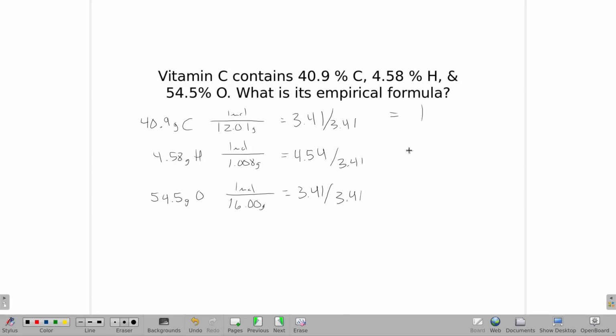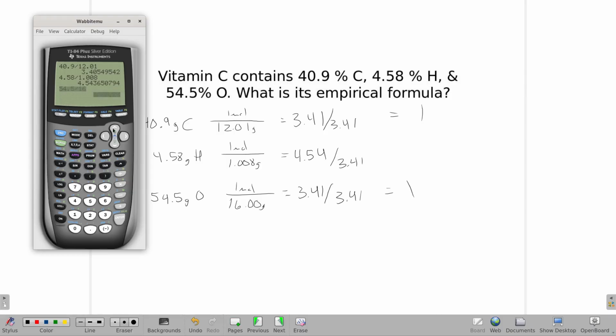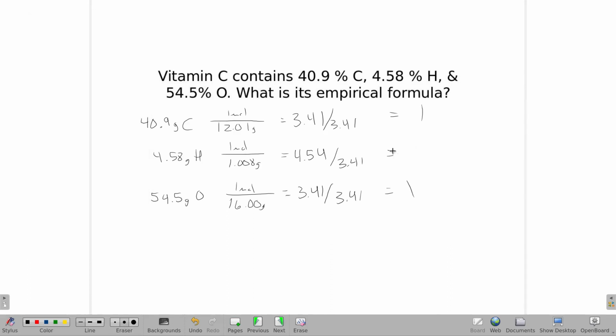Alright. Gonna see an issue here because I am dividing by the smallest. And that's definitely 1, and this is definitely 1, but that's a fraction, isn't it? So 4.5 divided by the 3.4 gives me 1.333. You notice how that's 3 repeating? Whenever we have 3's repeating or 0.5s, we're going to treat it like a fraction.